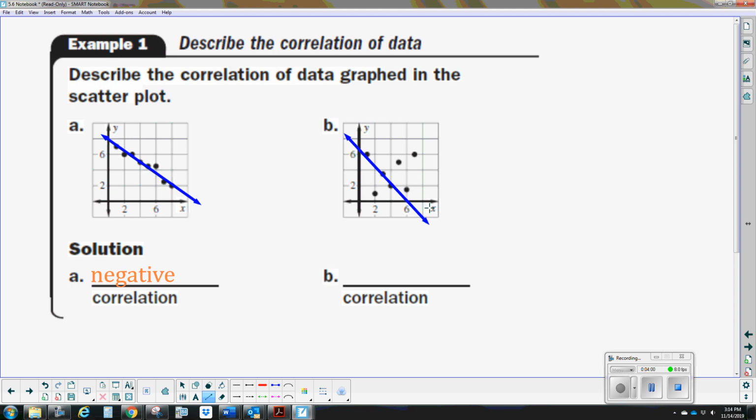If I draw a line like this, these couple points are kind of way off of it. But if I drew a line like this, I still have a couple points that are kind of outliers. So these points are not really close to it. So if I can draw a line both ways, or if I can't draw a line at all, then I am going to say that this has relatively no correlation.